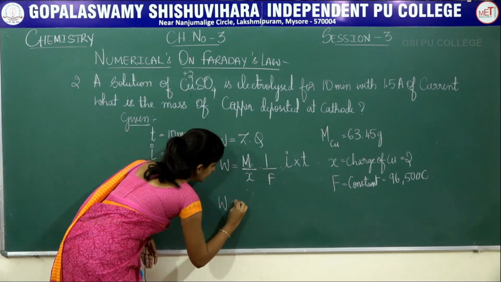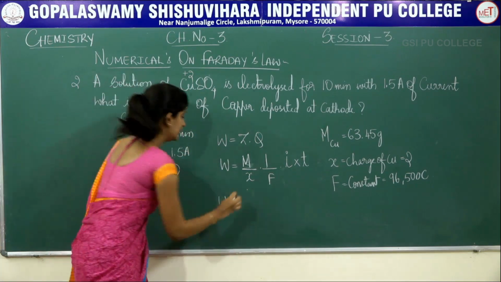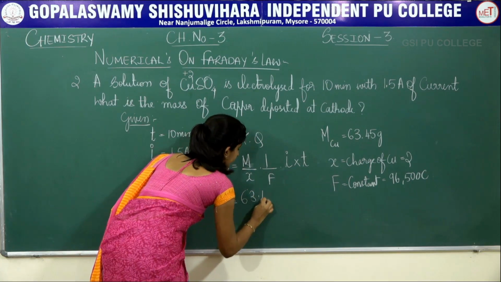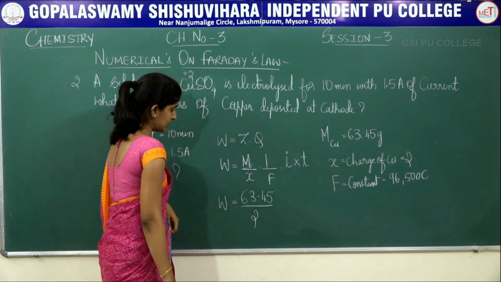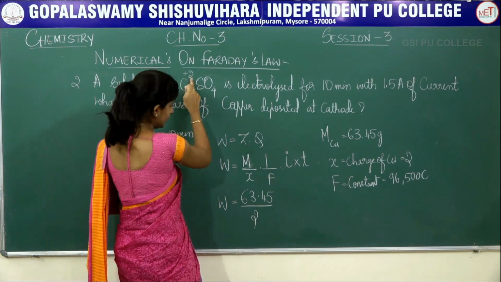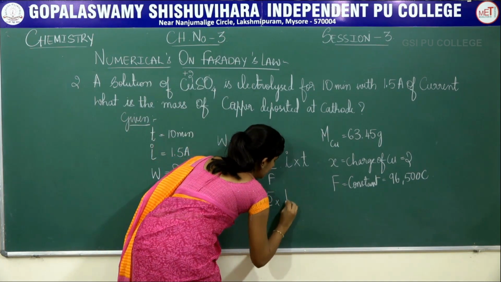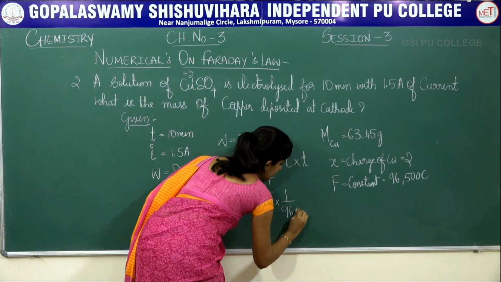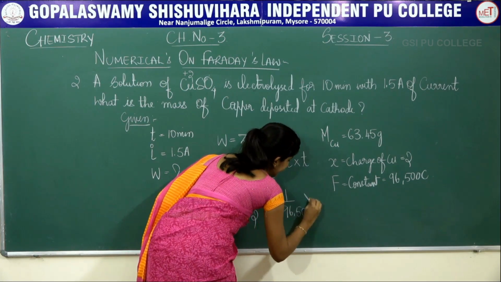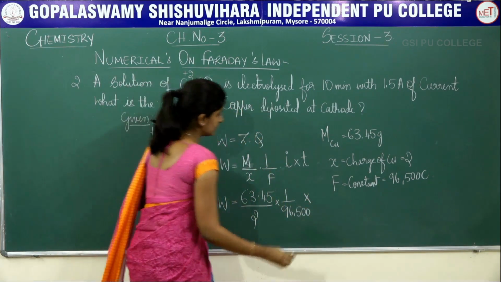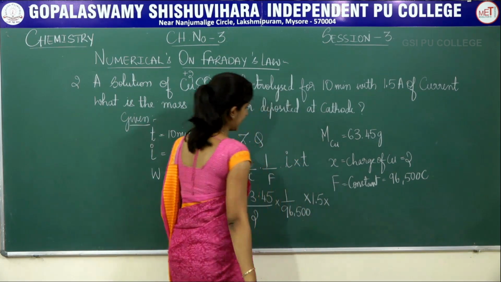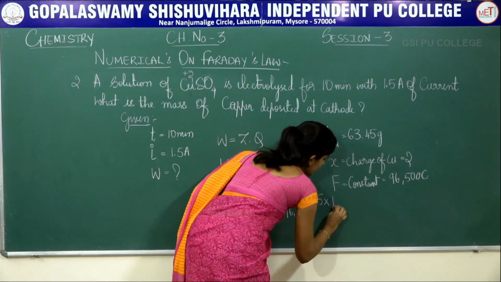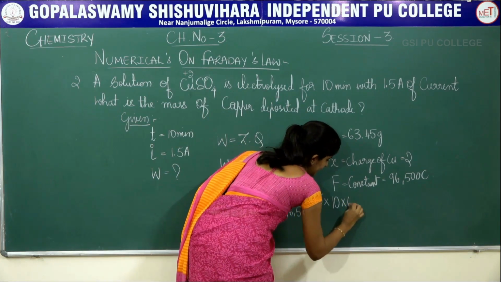So W is equal to molar mass of copper, 63.45 grams, divided by 2, 2 is X, the charge on copper, +2, into 1 by 96,500 coulombs, into current in amperes, that is 1.5 amperes, into time in seconds, 10 minutes into 60.